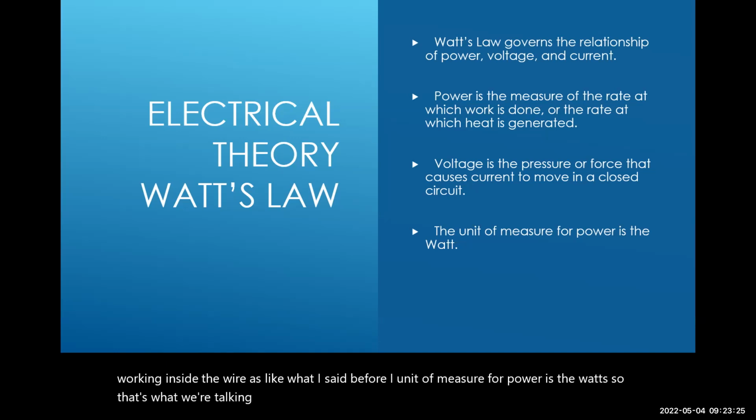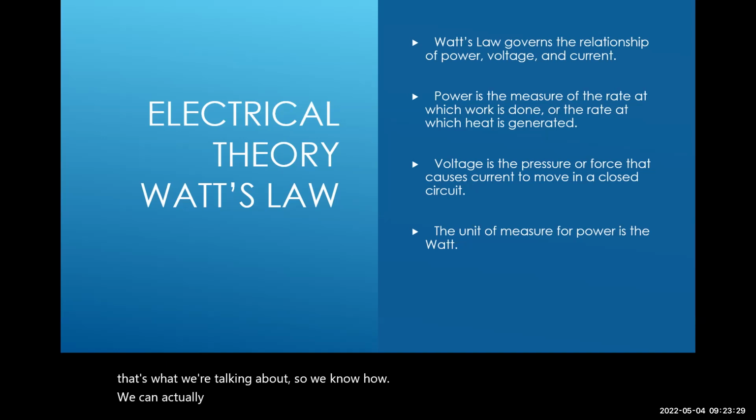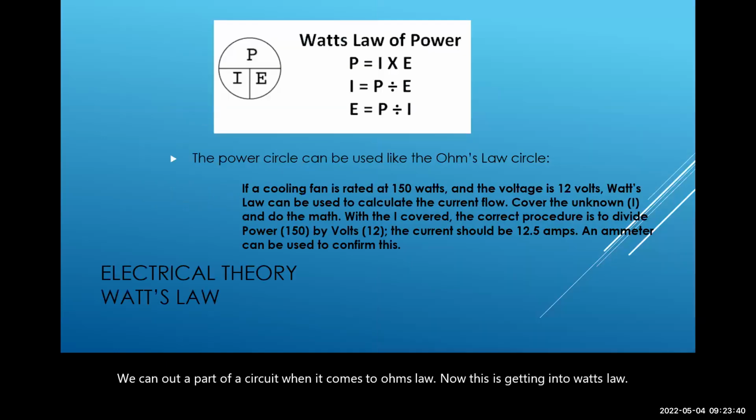So we know how we can figure out a part of a circuit when it comes to Ohm's law. Now this is getting into Watt's law. So, how to figure out Watt's law of power. The power circle is like the one we've seen in Ohm's law.